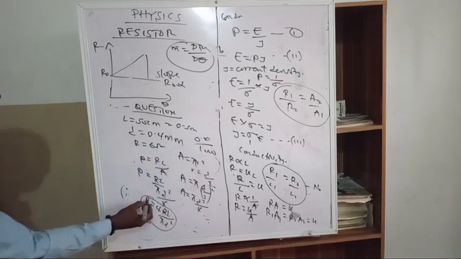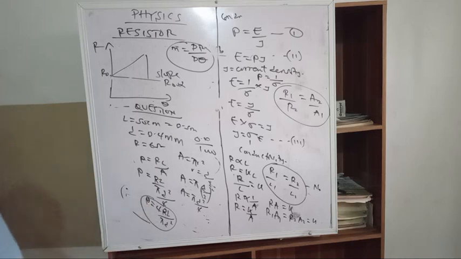Once you are done with resistivity, 1 divided by resistivity will give you the conductivity.